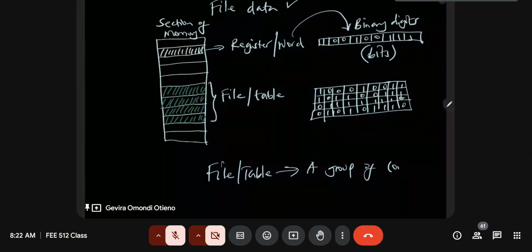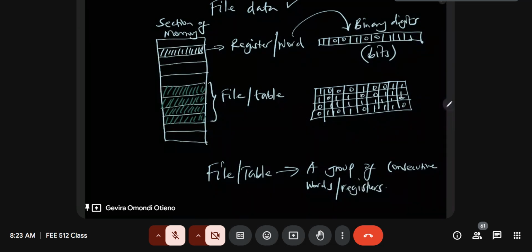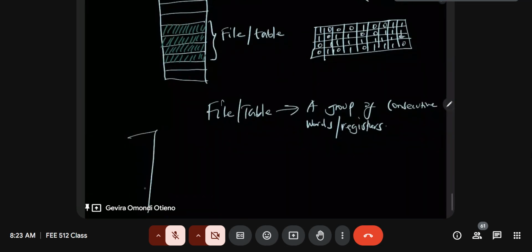They have to follow each other, like I have illustrated there: a group of consecutive words, or what we are calling registers. If they're not consecutive, then they're not called tables. If one is here and then there's nothing there, and then another one is here, then we cannot group that and call it a file. They have to follow each other.